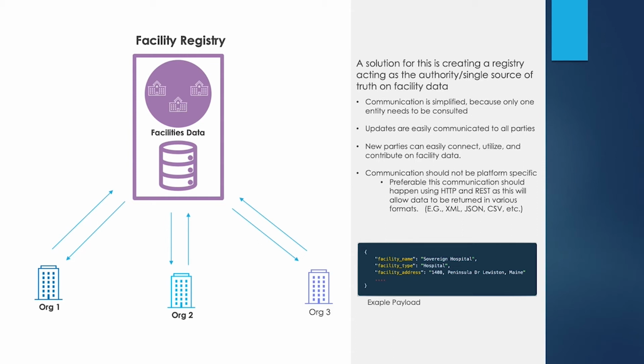When developing this registry that acts as a source of truth, it's important to ensure that the communication between the systems isn't platform specific and favors one party over another. Preferably, this communication would happen over HTTP using REST, as this allows for a great deal of flexibility, as the format of the data can easily adapt to all parties' needs, whether that be in the form of JSON, XML, CSV, or what other format they might desire.